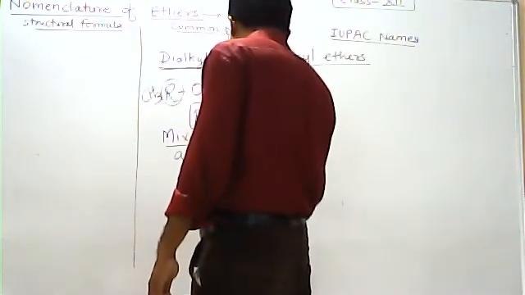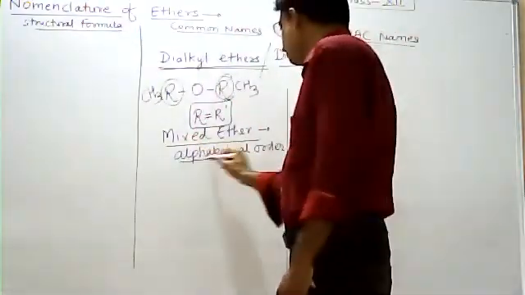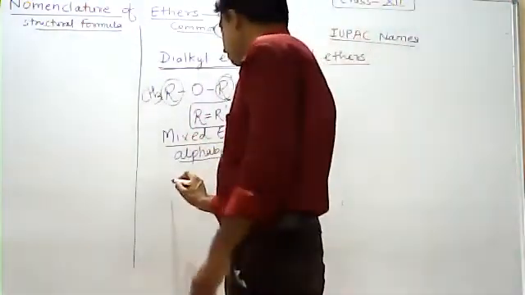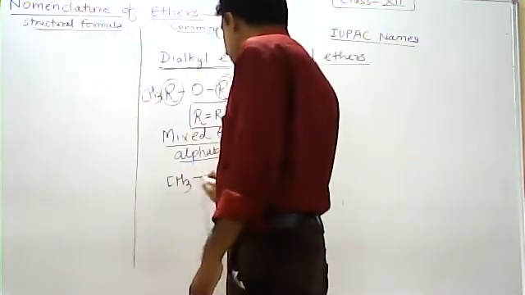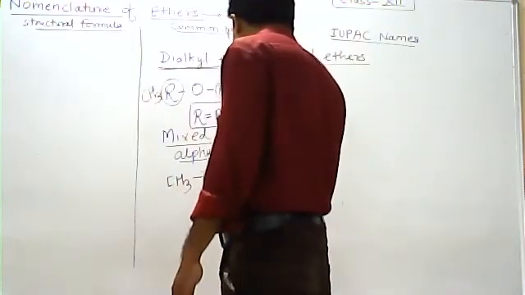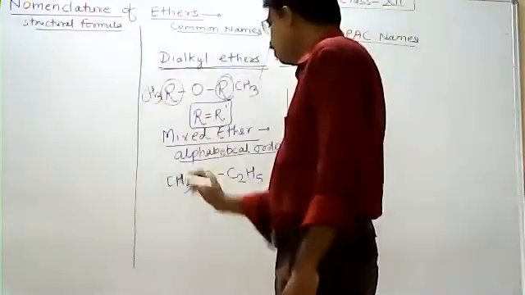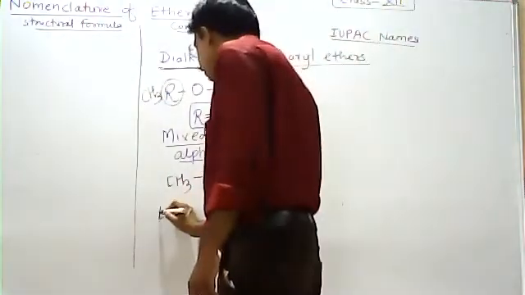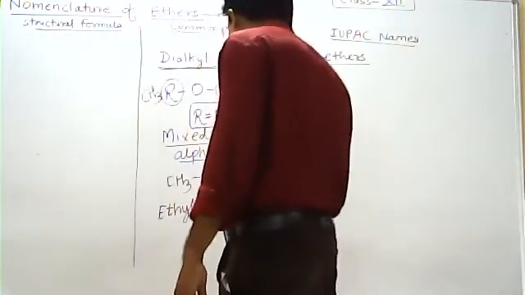So use alphabetical order, we have to use alphabetical order there. Suppose here this is CH3, then oxygen, then here C2H5. Then ethyl methyl ether. E is earlier and M is later.